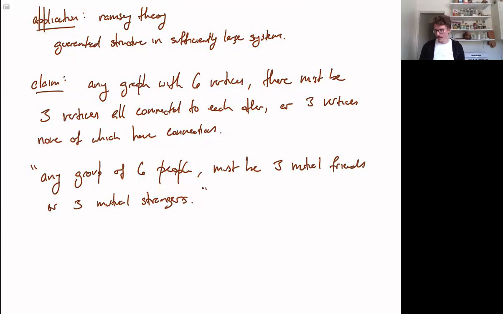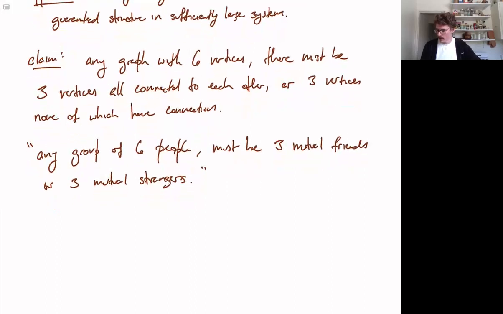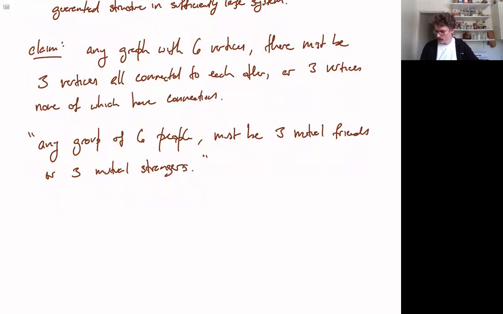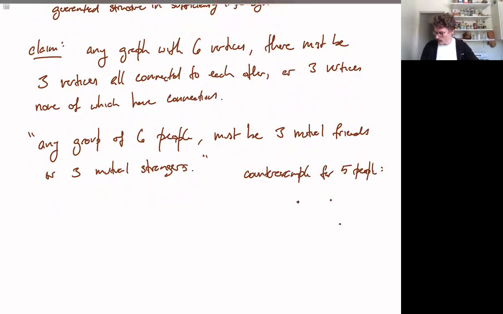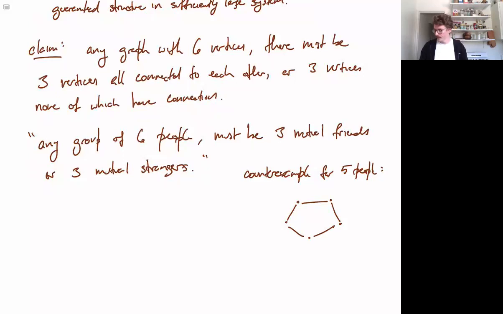So maybe to illustrate this idea, let's take a counterexample. For 5 people, well, if we have 5 people, let me see how good of a pentagon I can draw. Is that a pentagon? Yes, it is. So if we say these people are all friends with each other along the edges, and those are all the friends we have, then as you can see clearly, there is no triangle, so there's no three mutual friends.